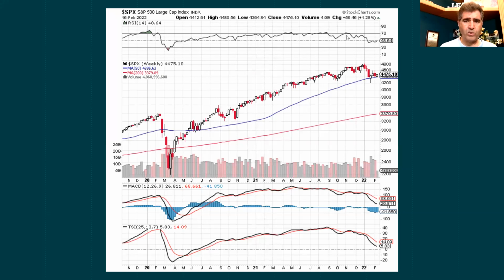As you could see, once it crossed, that was a signal that perhaps it's time to lighten up. If you didn't do that, you can see the price came down but continued. We talked about divergence. You can see we have a lower high in RSI and a higher high in the price. That tells us that the move is tired.